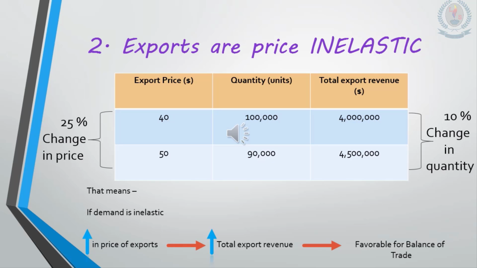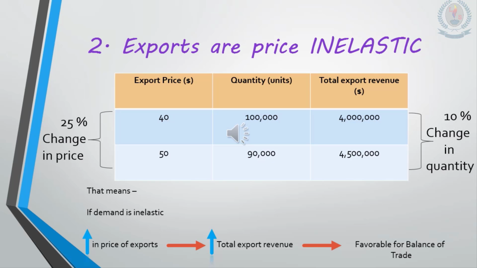Let us now look at what happens when demand is inelastic for an export. That means the percentage change in price is higher than the percentage change in quantity demanded. Again, it is easy if we use an example. Look at the given example. Earlier, the price was 40 and the quantity demanded was 100,000.